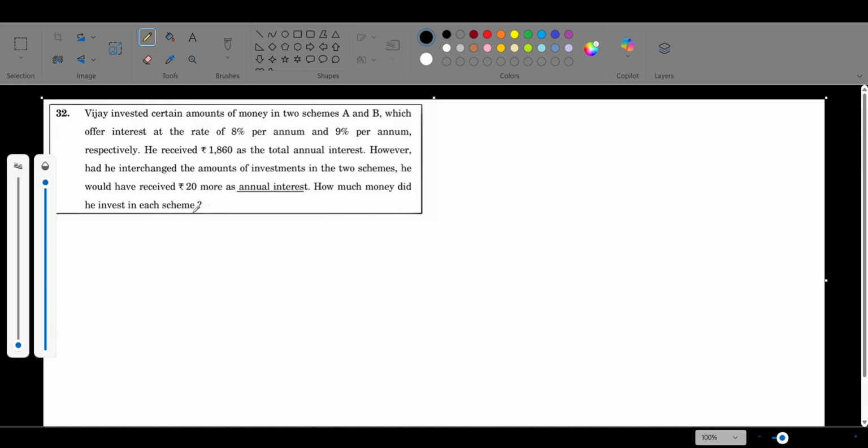Then how much he invested in each scheme. So basically, this is X amount he invested.